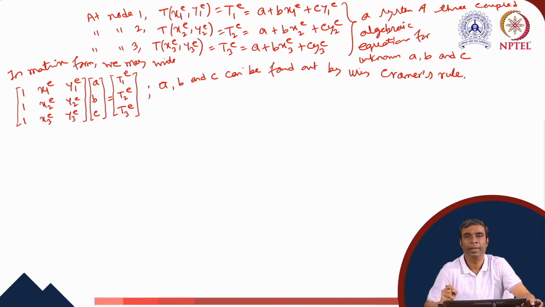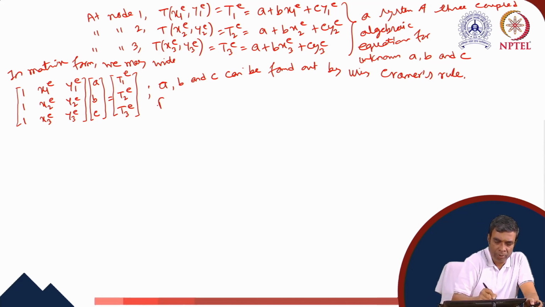Cramer's rule is a direct method of solving the unknowns for small matrices. So we don't use Cramer's rule for big size matrices because the operation count in Cramer's rule increases in a very large way. So the operation count for Cramer's rule is represented as factorial of n plus 1, where n represents the size of the matrix, for a matrix of size n by n.